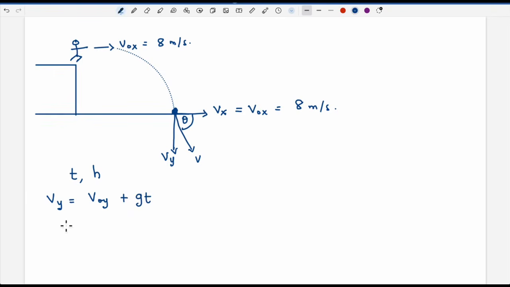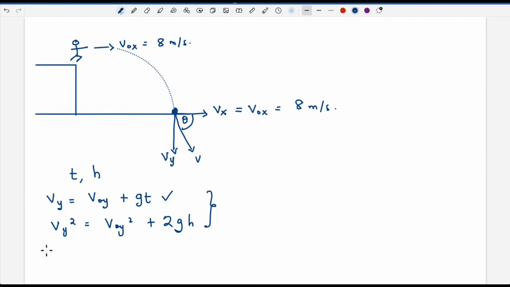Or we can use Vy squared equal to V naught y squared plus 2gh. All right. So any of these can be used because we know both t and h. So I'll go with the first one, using the fall time we calculated from the previous slide.